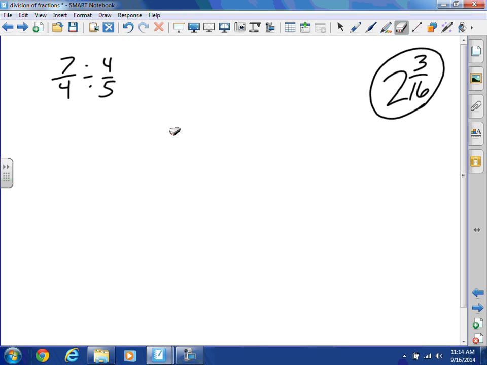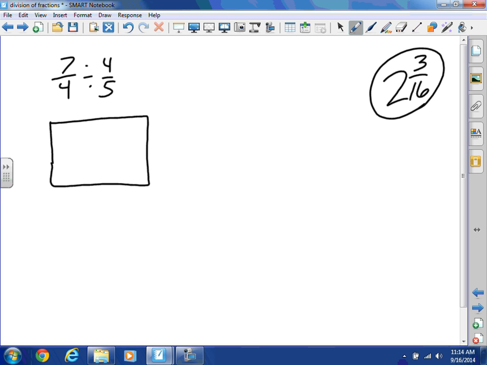Now let's look at what division really means. I would like you to draw a 1. Just a 1. One box. I'm going to show you what division of fractions really means when you're actually dividing the fractions.